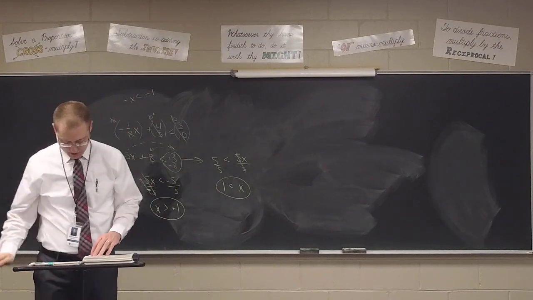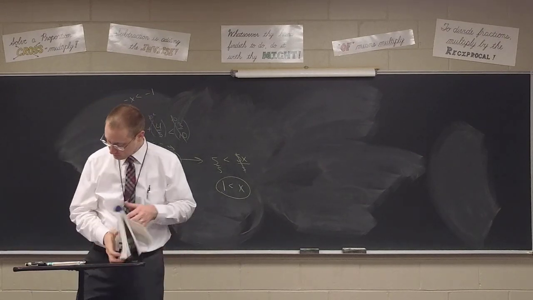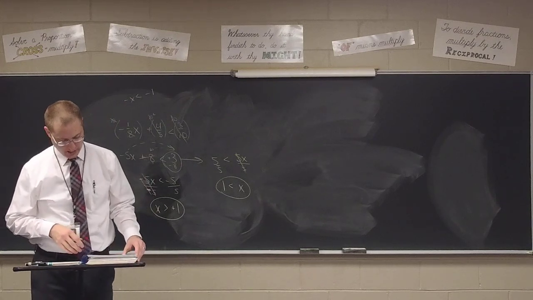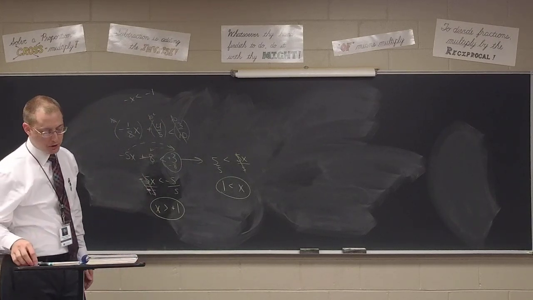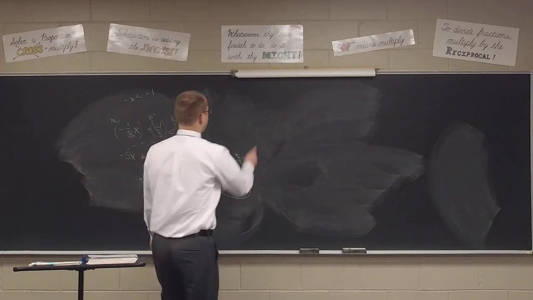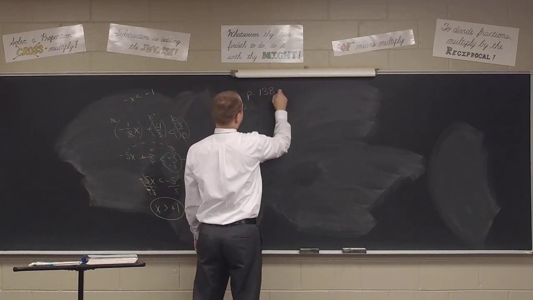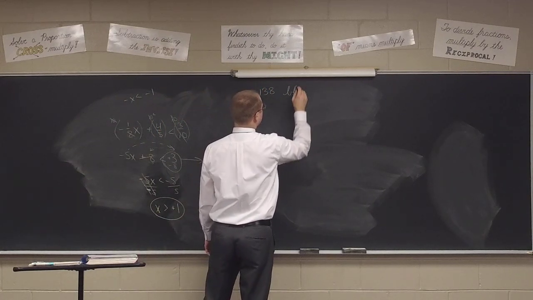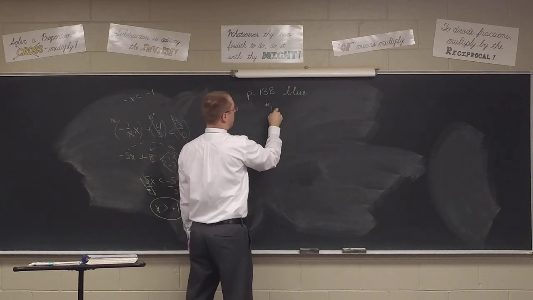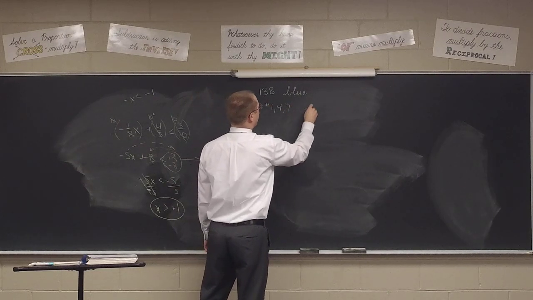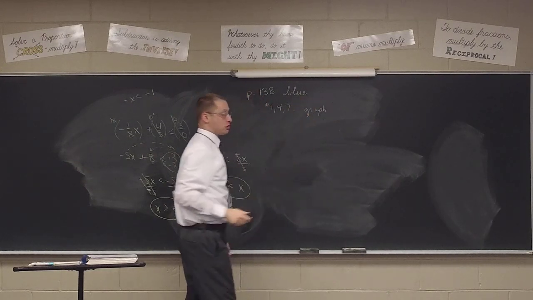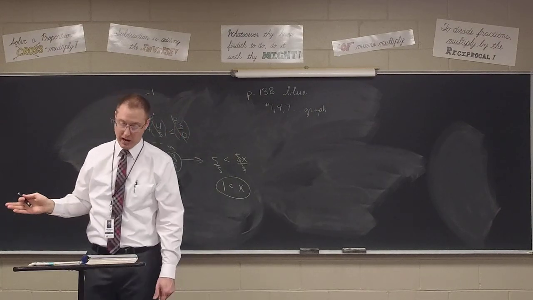All right, turn over to page 138. Flip the page. Page 138. And I want you to do all of the blue problems on page 138. However, on numbers 1, 4, and 7, I want you to graph the solutions. You'll notice the instructions say to graph the solutions.